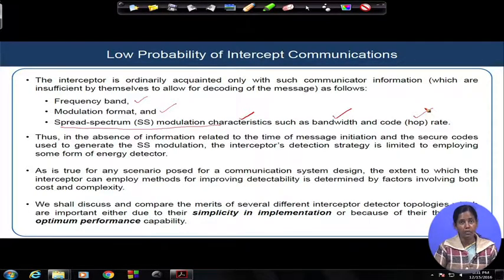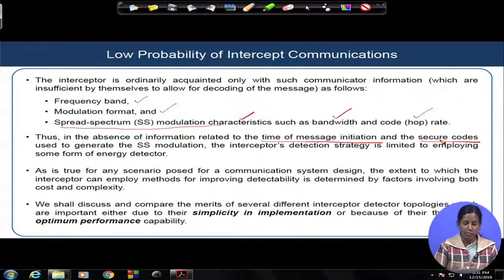But remember, it cannot give you any information about the time of message initiation or the secure code that you are utilizing from the intended communicator to the receiver.